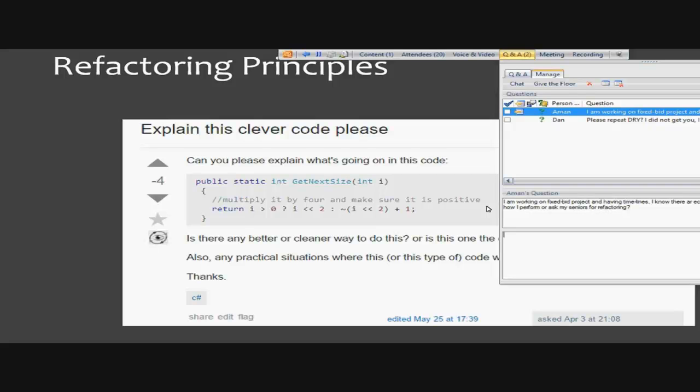The second thing is, even if it is a fixed bid project, or whatever model you are practicing, time and material. The second analogy is more harsh. What you're asking is, okay, I have a short period of time and I want to do it right, so should I skip the most necessary part of it?